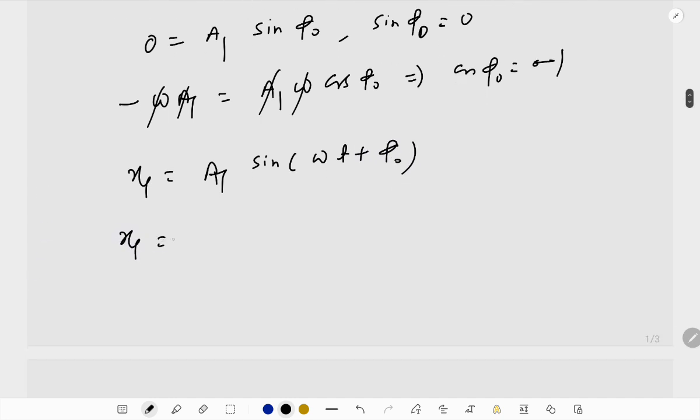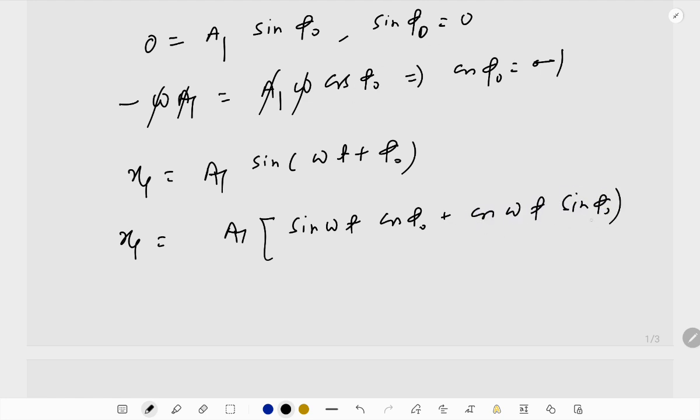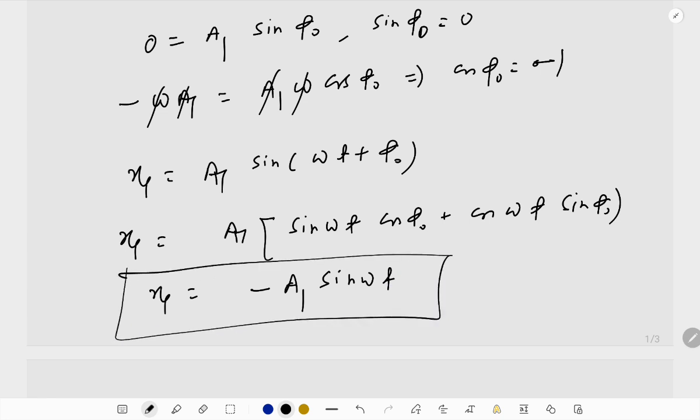So I can write here x1 equals a1 sine omega t cos phi naught plus cos omega t sine phi naught, and sine phi naught is equal to 0 and cos phi naught is minus 1. So x1 can be written as minus a1 sine omega t. So I got the equation of motion for the left block.